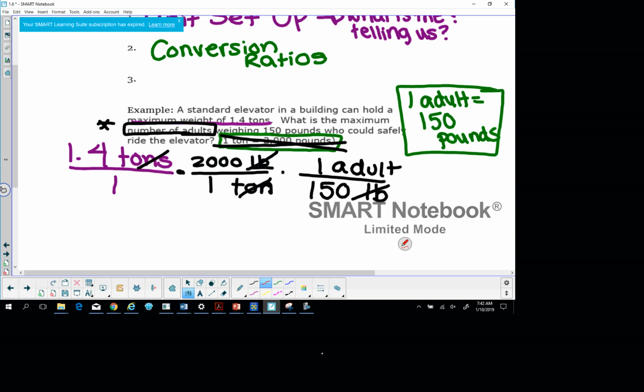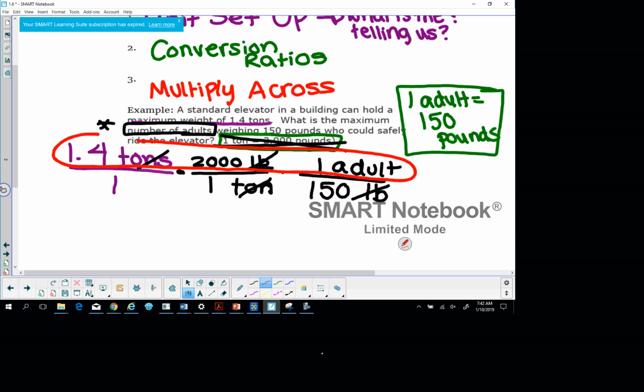Last thing we do is multiply across. Remember, that's not cross multiply. They're two different things. Multiply across is just multiply all the numerators. So 1.4 times 2,000 times 1. Put that in your calculator. What is 1.4 times 2,000?